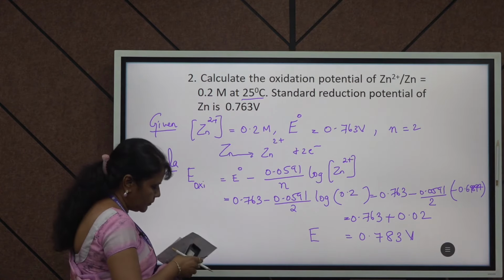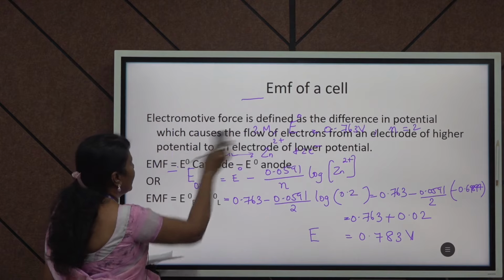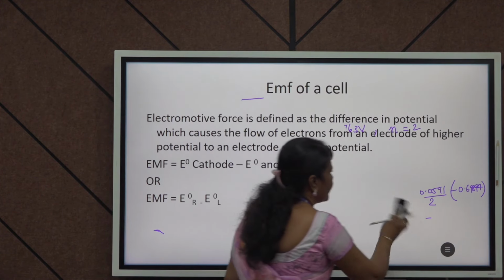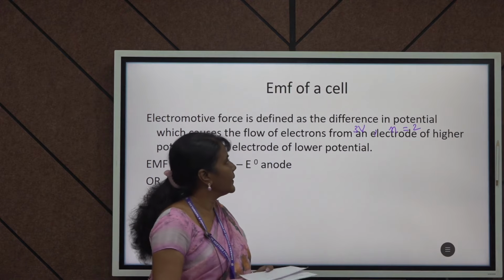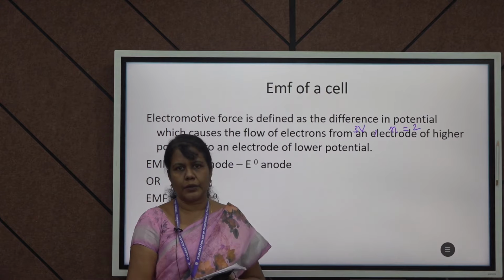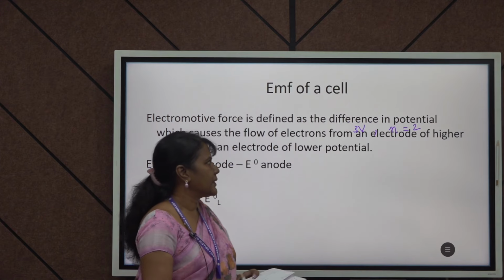Now next we will see some problems based on EMF. So before that, let's see what is EMF or electromotive force. EMF is defined as the difference in potential which causes flow of electrons from an electrode of higher potential to an electrode of lower potential.